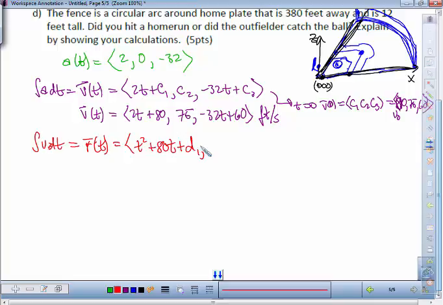The antiderivative of 75 is 75t, and then you throw in another constant. And then the antiderivative of negative 32t is negative 16t squared. The antiderivative of a constant 60 is 60t, and then we throw in a third constant.